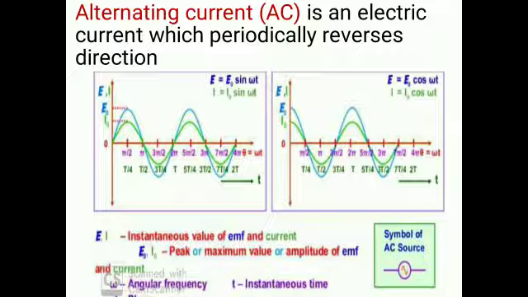Omega is the angular frequency, that is equal to 2 pi f. f is the frequency, and f is equal to 1 by T, where T is the time period. The relation between frequency and time period is f = 1/T. Most importantly, phase angle is omega t.